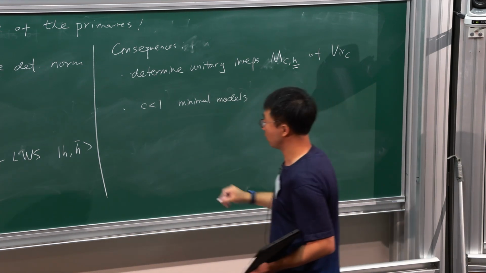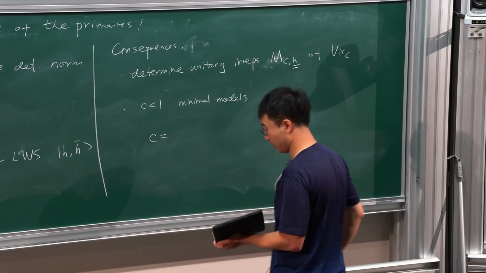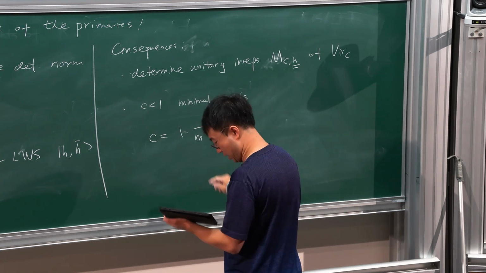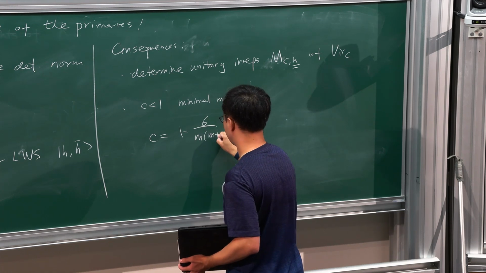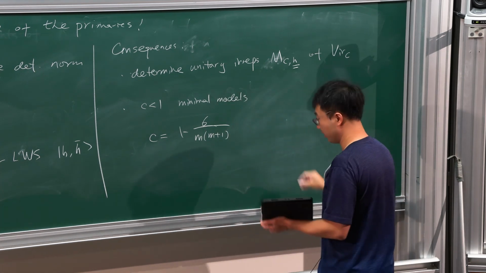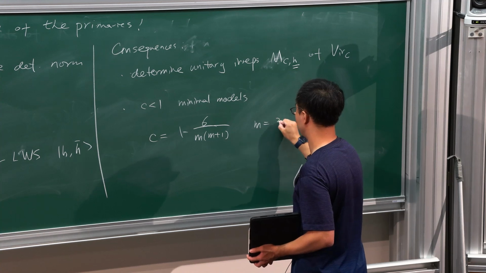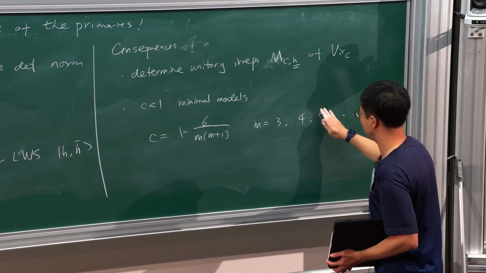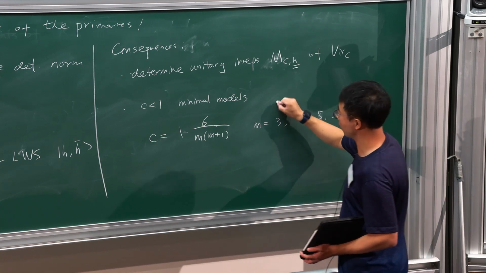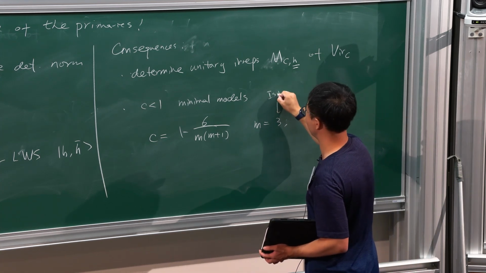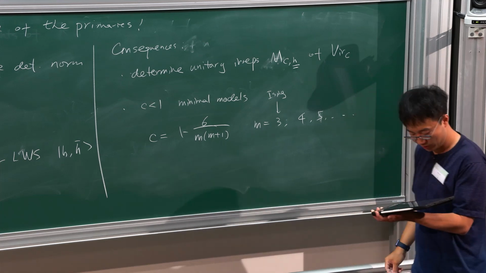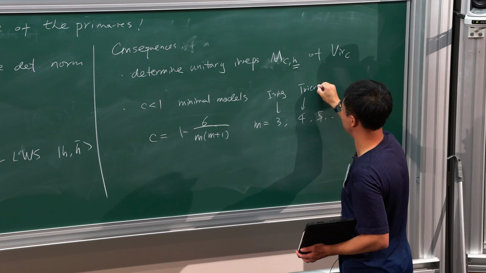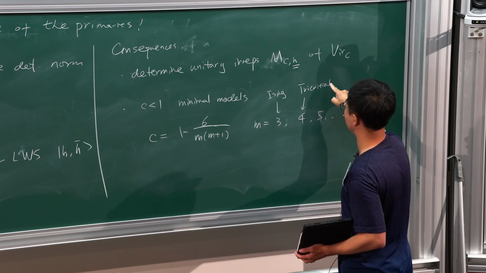Namely, the central charges can take very specific values and take the form of 1 minus 6 over m times (m+1), where m can take the values 3, 4, 5, and so on, increasing integers. And the special case here corresponds to the Ising CFT, which you have already encountered in the previous lecture. And the next corresponds to a generalization of the Ising CFT, namely the tricritical Ising CFT, and so on.